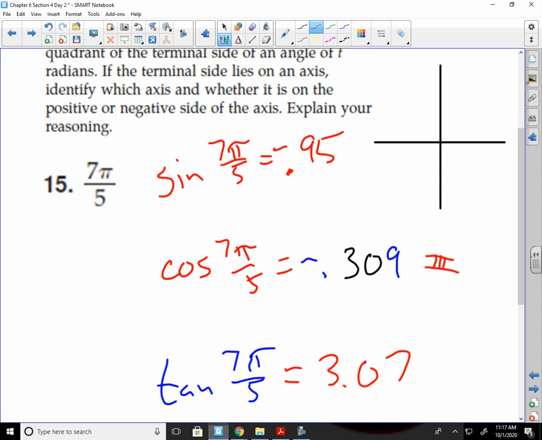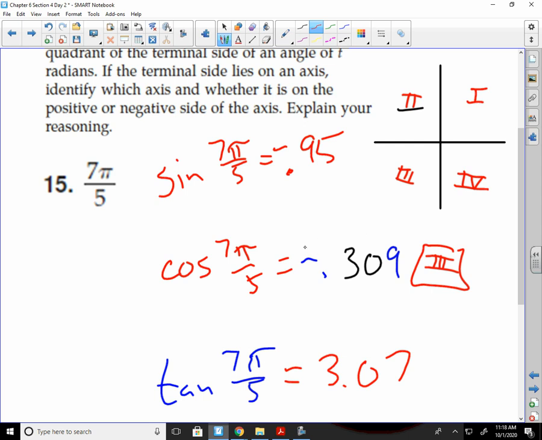Just as a refresher, quadrant 1, quadrant 2, quadrant 3, and quadrant 4. So this one's in quadrant 3 because sine and cosine are both negative.